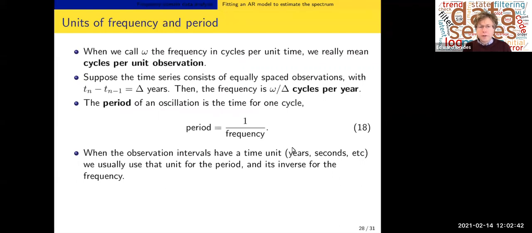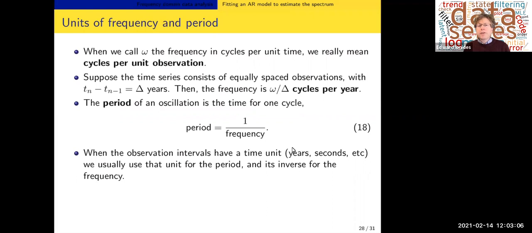So if the difference in time observations is delta years, then it's more natural to think of frequency in cycles per year rather than cycles per observation. So say if you have monthly data, delta is 1/12 of a year. And so you have to multiply the frequency by 12 to get to cycles per year.